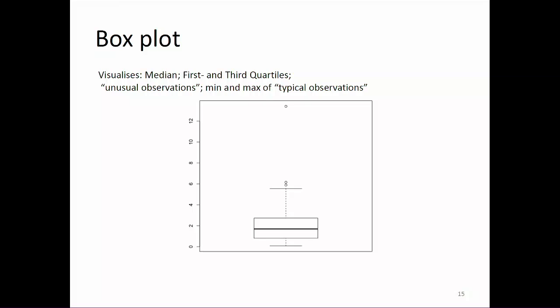So the limits of the box itself are what we call the first and the third quartiles. Those are special statistical terminology that tell you that for the first quartile, the first 25% of the data is smaller than that. Okay?